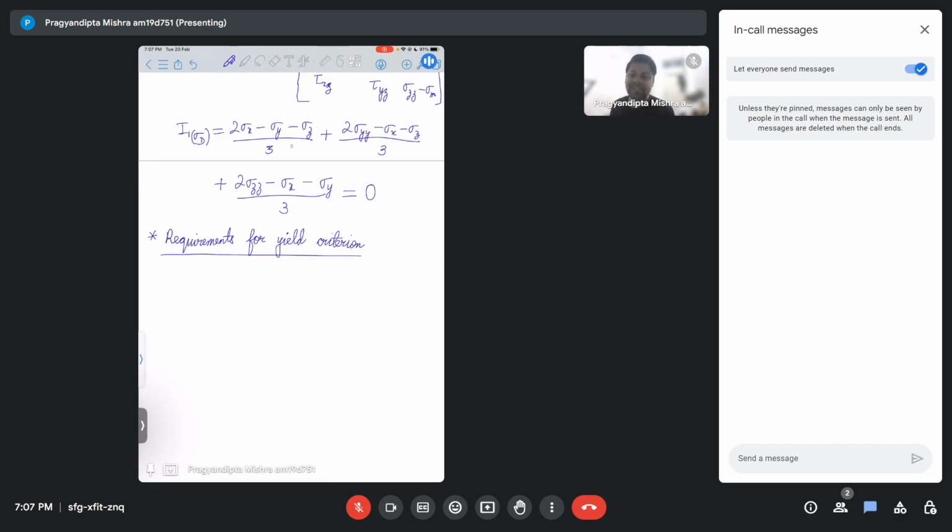Since your deformation is majorly occurring by shear only, it should be only a function of deviatoric stress.